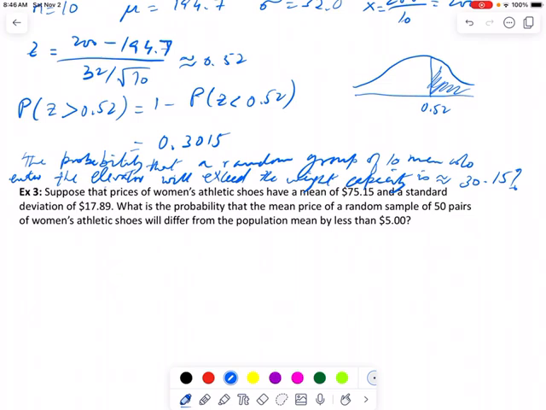Or you can word it like there is a 30.15% chance that a random group of 10 men who enter the elevator, their weight will exceed the weight capacity of the elevator.